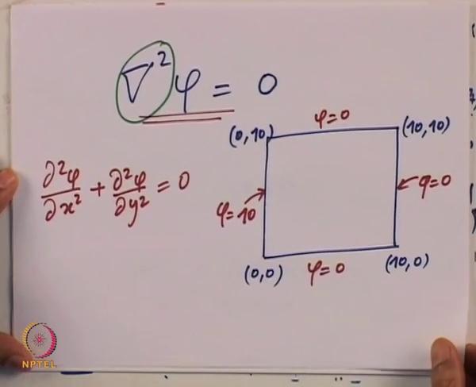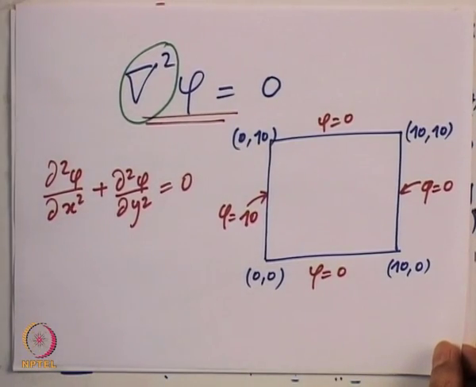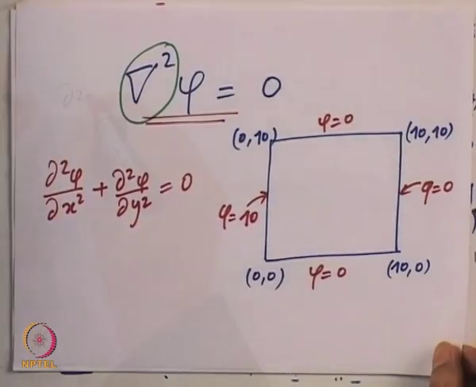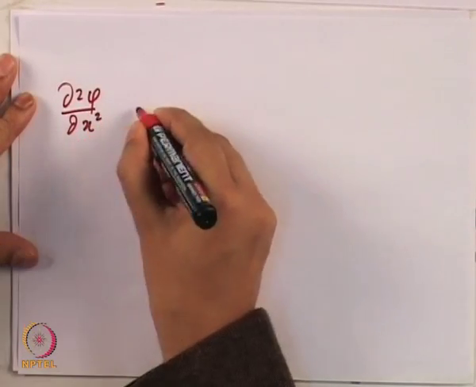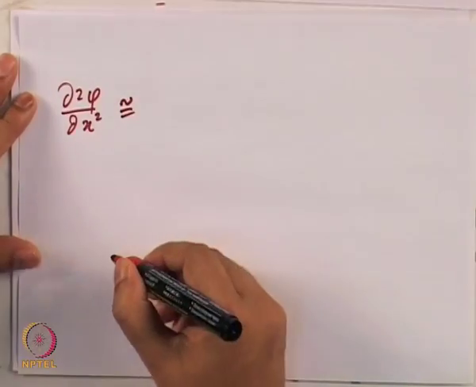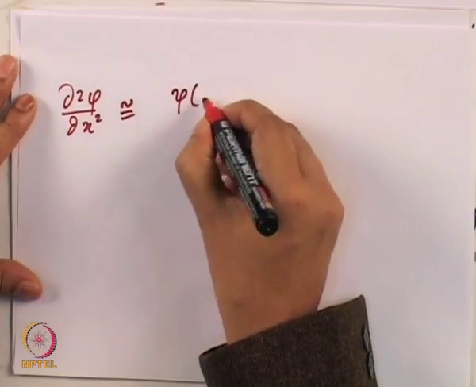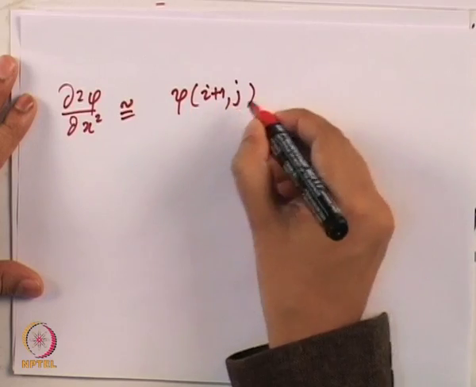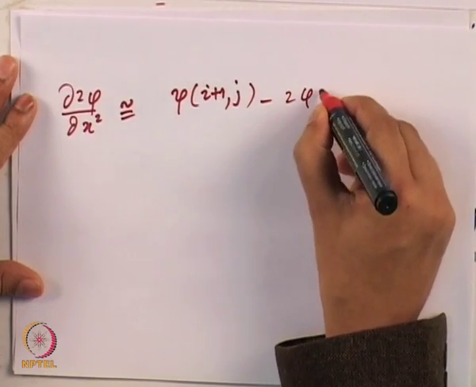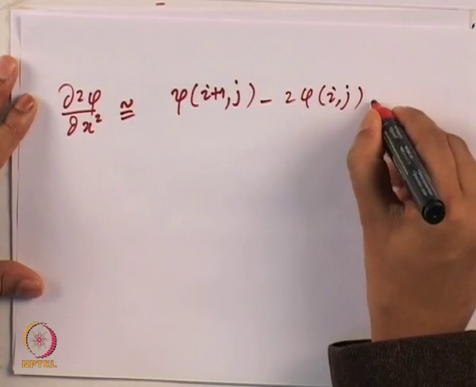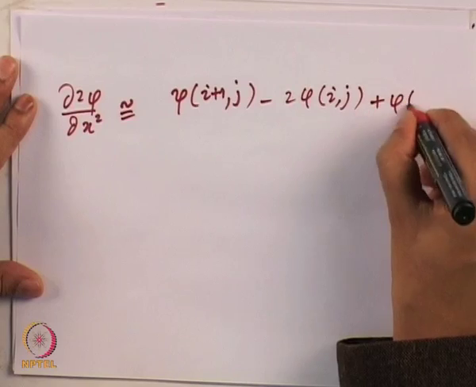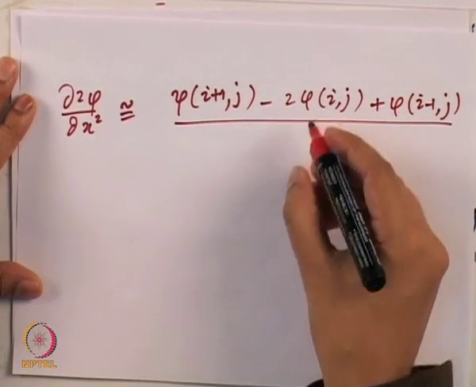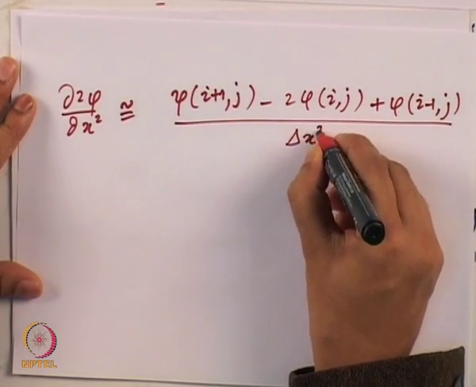What we know from the earlier lectures on finite differencing method, we can approximate the term dou square phi by dou x square using the central differencing method as phi of i plus 1 comma j minus 2 phi of i comma j plus phi of i minus 1 comma j divided by del x square.